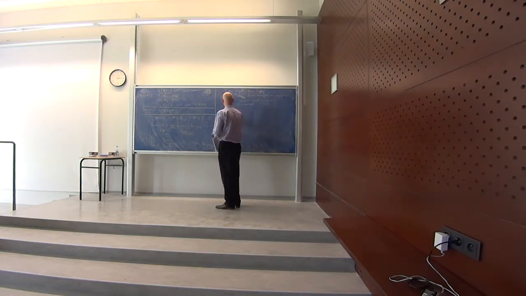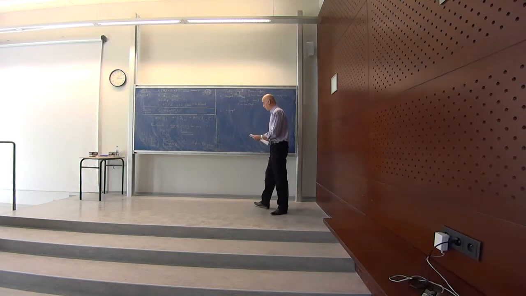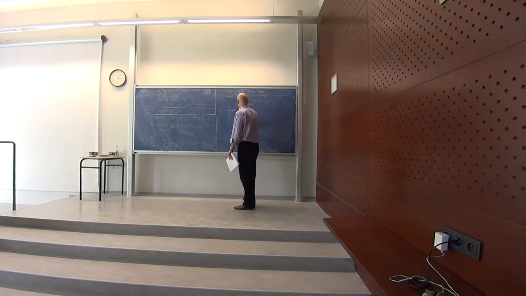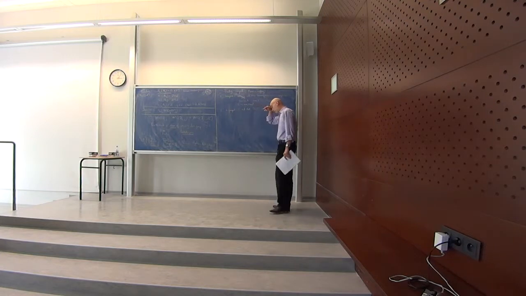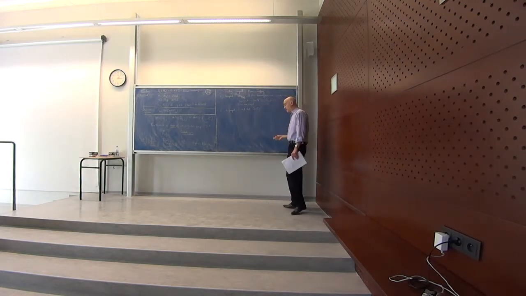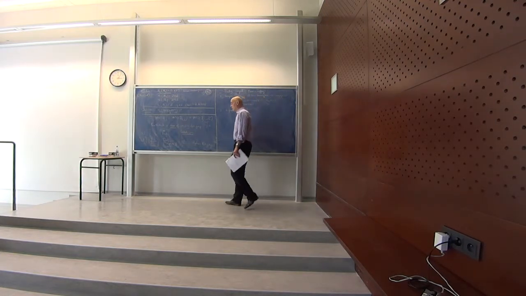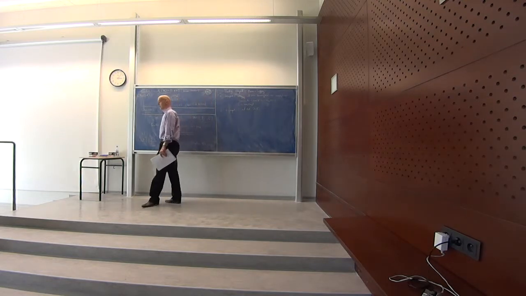So this is a rough definition of a 2-groupoid. A 2-groupoid is again a category C such that the objects of C arise as the homomorphisms of another category.